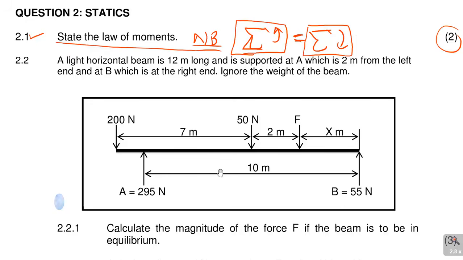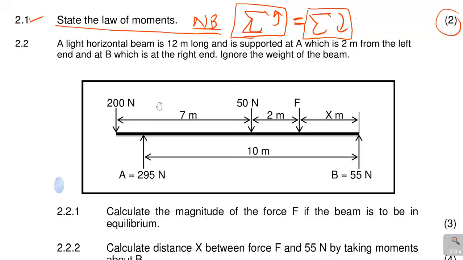All right, so let us look at the question. In this case, question 2.2 says a light horizontal beam is 12 meters long and is supported at A, which is 2 meters from the left end. They didn't indicate it, but they're telling us it is 2 meters from the left end, and B, which is at the right end.